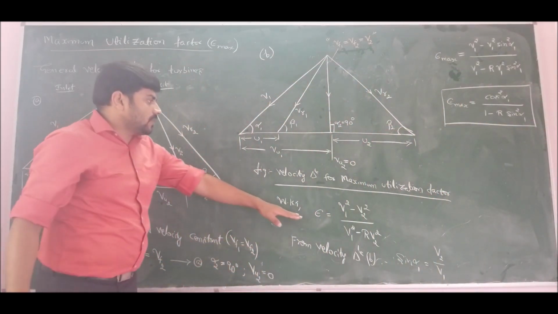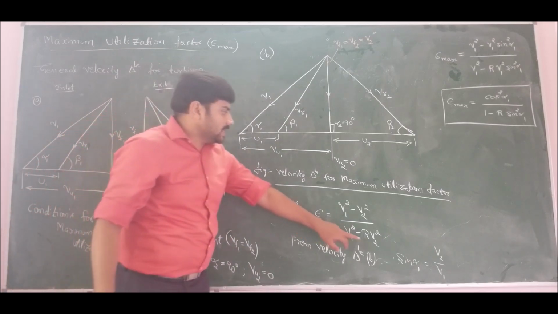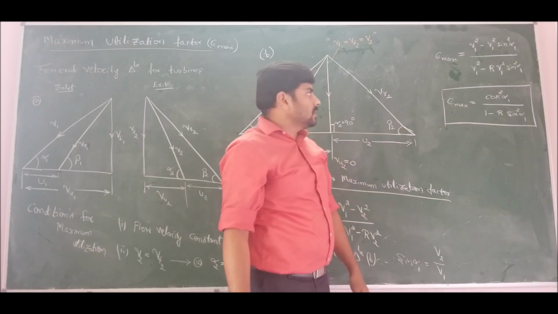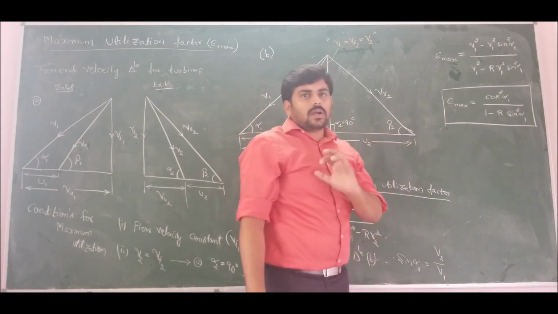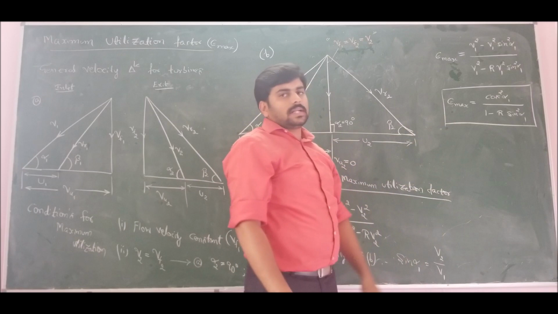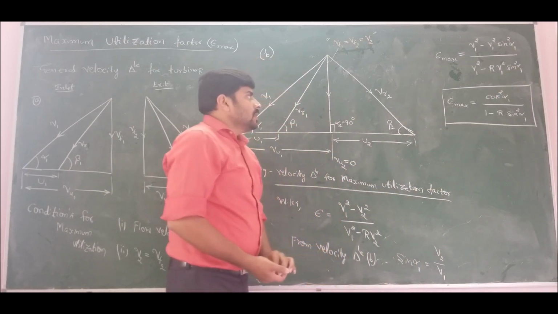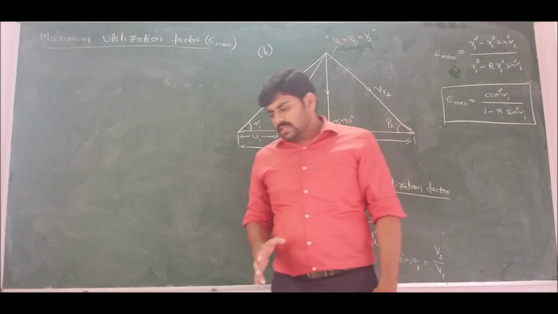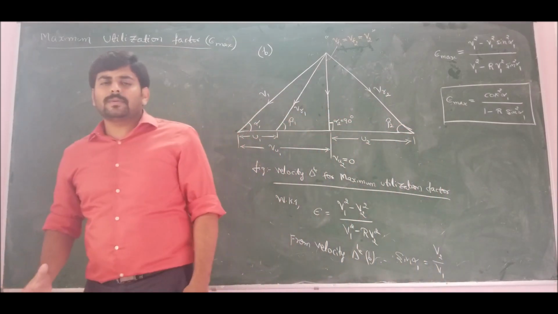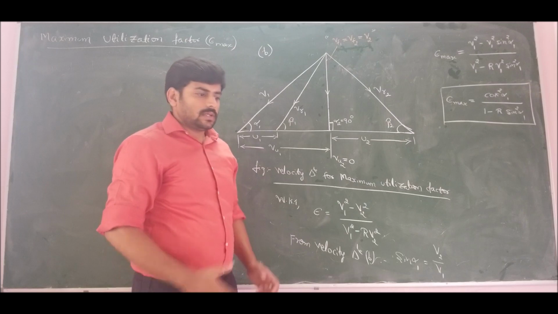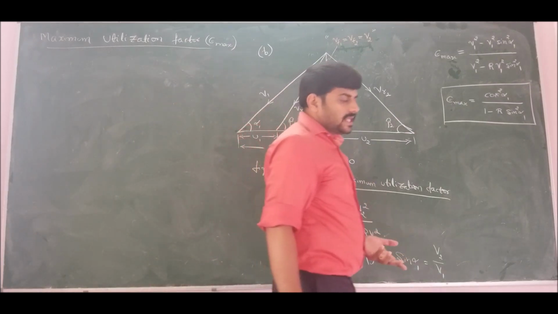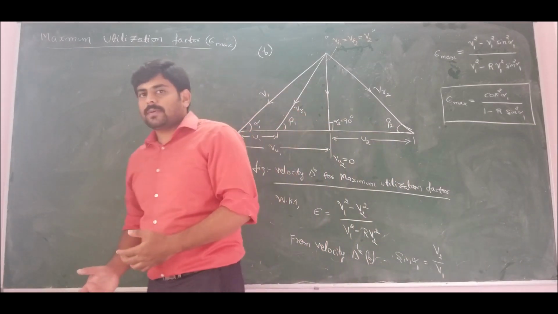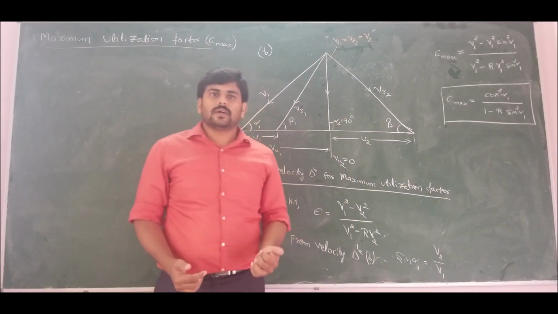So this is the expression for relationship between utilization factor and degree of reaction, and this is the expression for maximum utilization factor. If I know degree of reaction and nozzle angle at inlet, I can determine the maximum utilization. If I consider an impulse turbine and reaction turbine, impulse turbines are ones in which energy transfer takes place only because of dynamic component of energy transfer, whereas in case of reaction turbine, energy transfer takes place because of both static component as well as dynamic component of energy transfer.